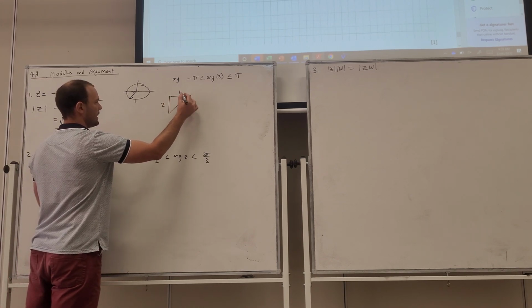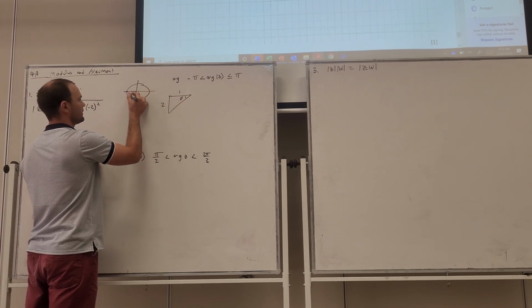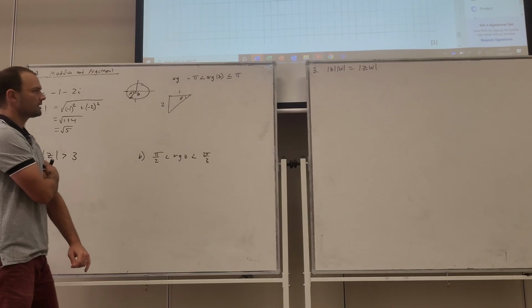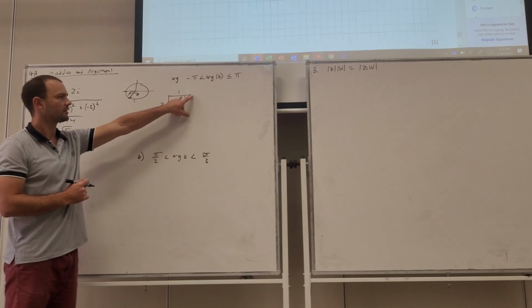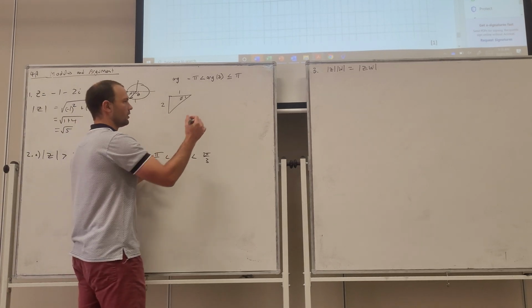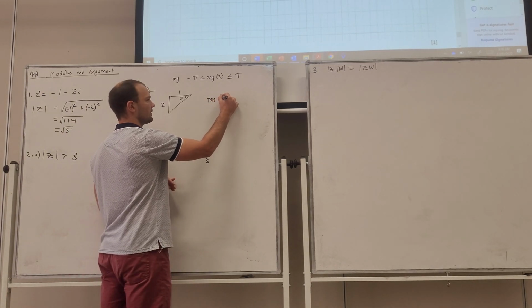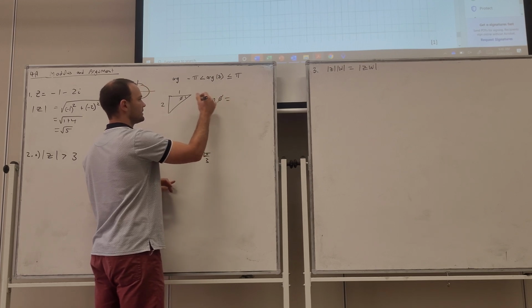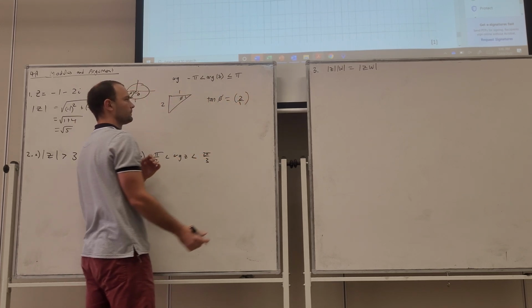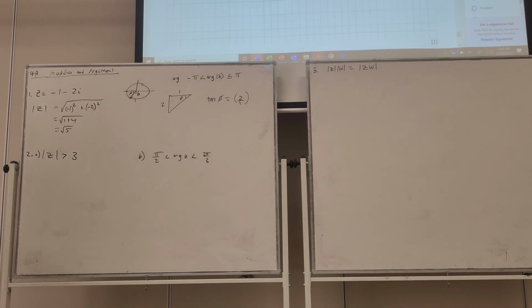Let's call that phi, because the angle we want to know is theta. In order to find phi, what we can see is it's going across 1 and down 2. We could ask, what is tan of phi? Tan is O on A. What is tan of 2 on 1? I think that's probably the most straightforward way to do it.